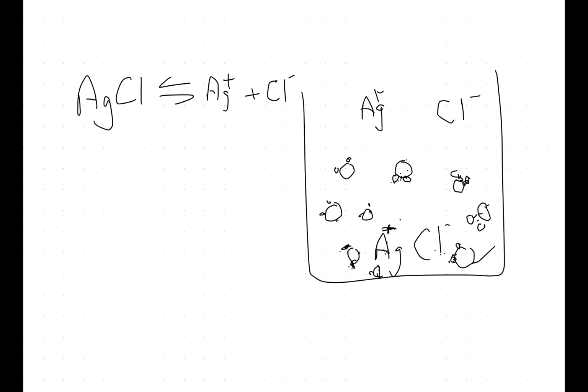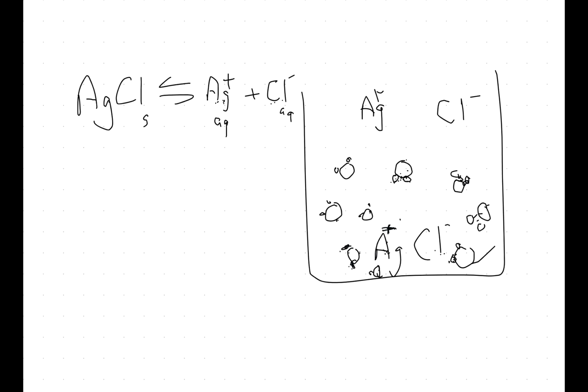This is in the solid state, and one silver ion dissociated and is surrounded by water, so it's aqueous. And when the chloride also dissociated from silver chloride and is surrounded by the water molecules, we can say chloride aqueous. And they will join each other and form again silver chloride.